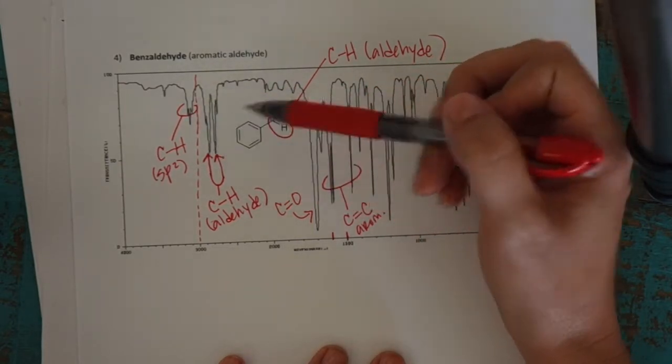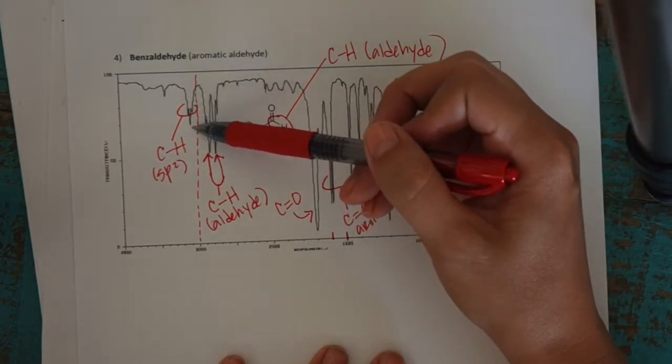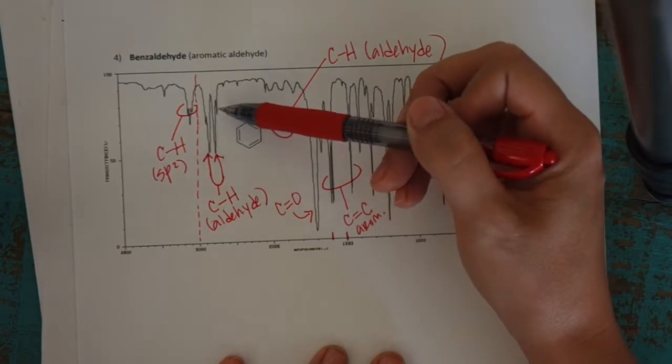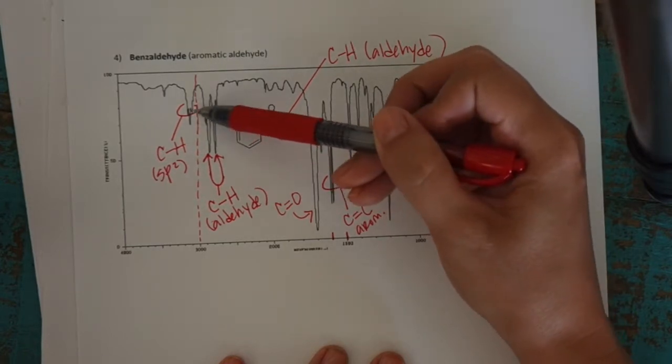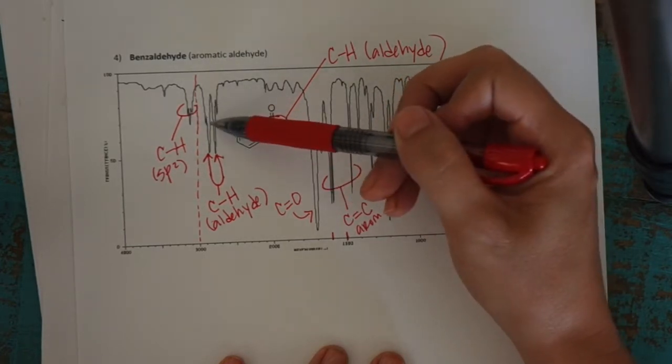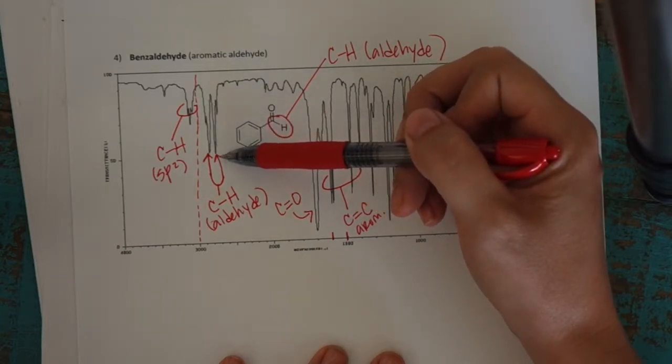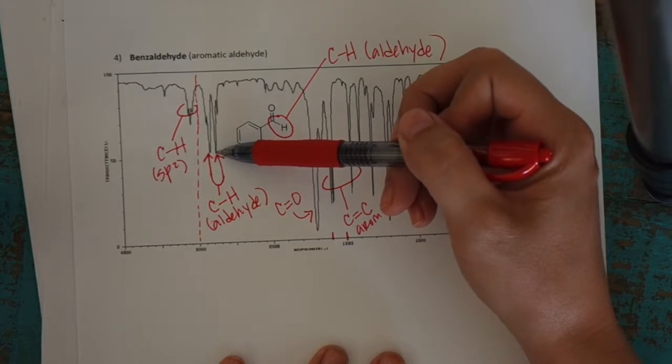That's not always the case. If you have sp3 CHs, sometimes they can overlap and get closer to these two peaks, and sometimes they're not as big relative to the rest of the CH. Sometimes they're smaller, sometimes they're big like they are here, but it's where they are that really matters, especially this one at 2700, because you won't get normal CH stretching there.